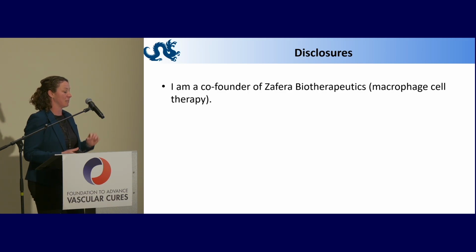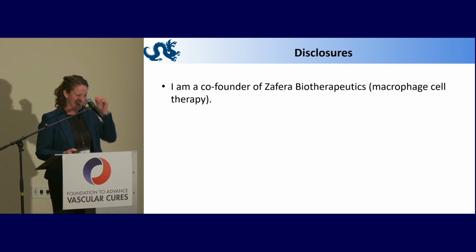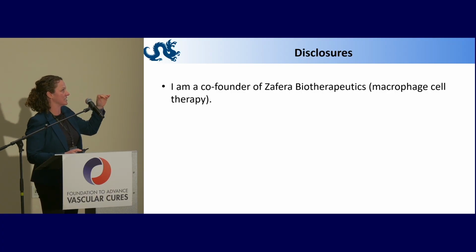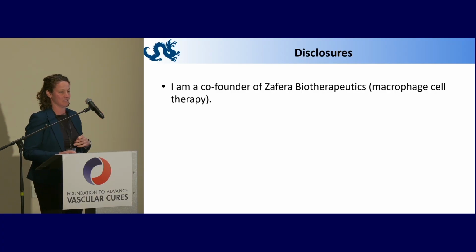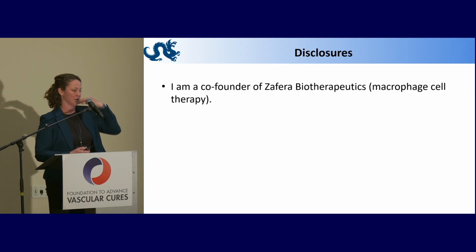But it's a significant conflict of interest, so that's an important disclosure. The company that I founded is going to be licensing the macrophage cell therapy work that I'll talk about in the first half, and then in the second half I'll be talking about biomarkers and personalized medicine based on macrophages.